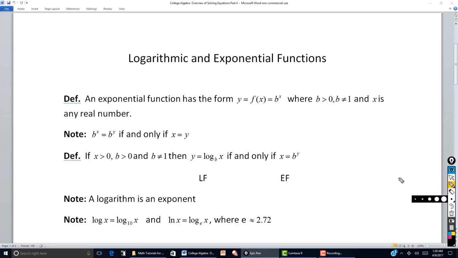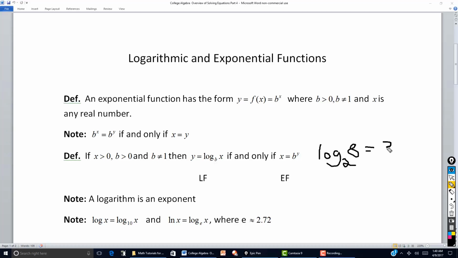So just let me write it this way. As an example, I can say the log of 8 to base 2 equals, okay, so this would mean, what exponent do I have to take this base 2 to, to get 8?